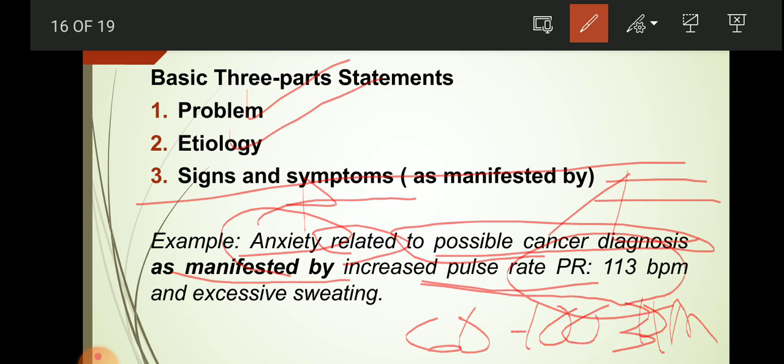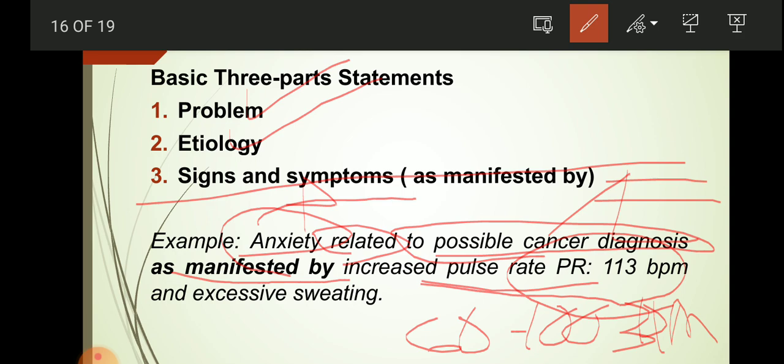Kung respiratory rate, cycles per minute. When you say pulse rate, it's beats per minute. So, as manifested by increased pulse rate, which is pulse rate, butang nimo 113 beats per minute, and excessive sweating. So, mao na siya ang sign and symptoms.